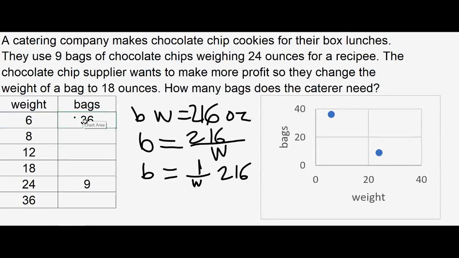So I've got my formula there. I can copy that formula down. And looks like I copied the little dot that I accidentally made.